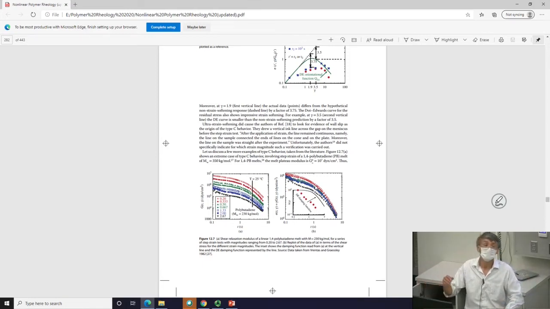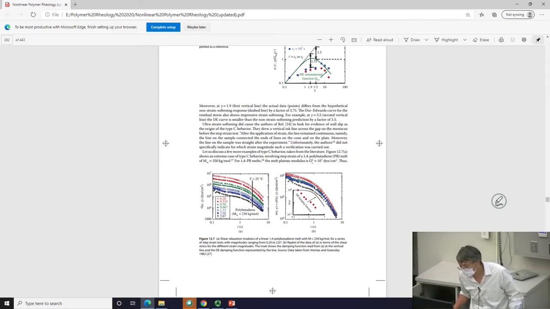Meaning, I can now abandon this damping function. I can just simply go back to multiplying G with gamma. I recover the stress for all of it. And this is the curve.